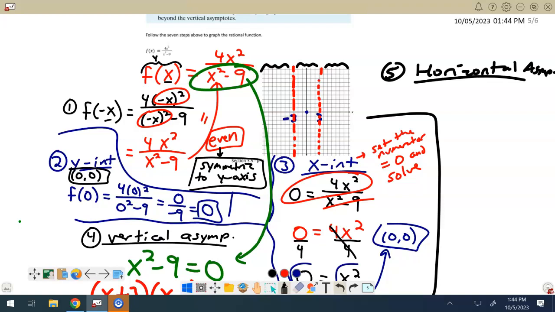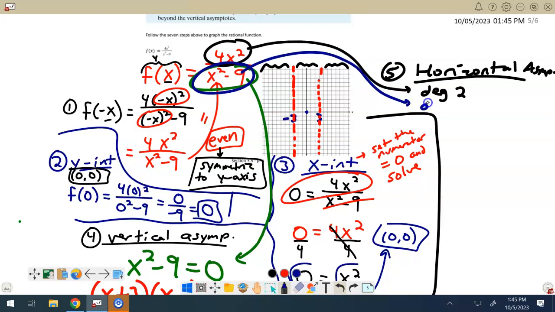So in this case, the degree of the numerator is equal to 2, right? And for the denominator, the degree is also equal to 2. The highest power of x for both of them is 2. So the degrees are equal, which means my horizontal asymptote is y equals the ratio of the leading coefficients.